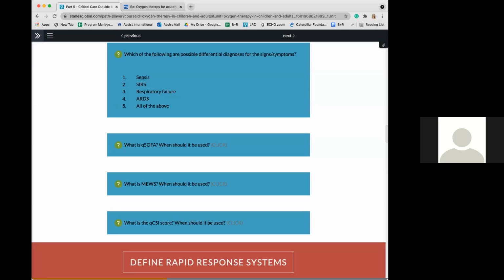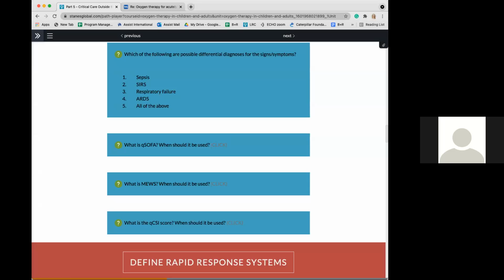So each of these parameters is given a score depending on the degree of derangement, and then the total score is calculated, and then that score is compared or assessed to see what sort of appropriate response needs to be instituted for that patient. So this score can be used in the emergency setting, in the triage areas, in our general wards, as we monitor these patients' vital signs.